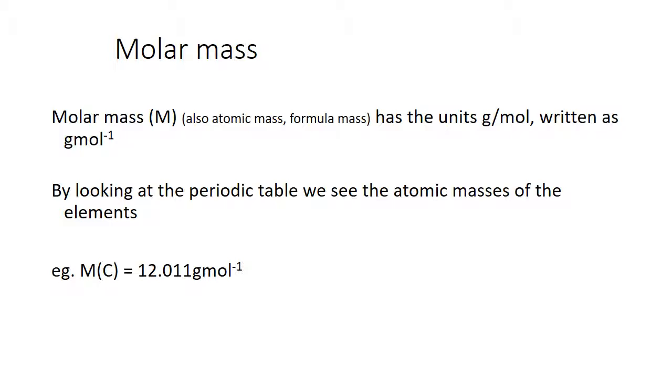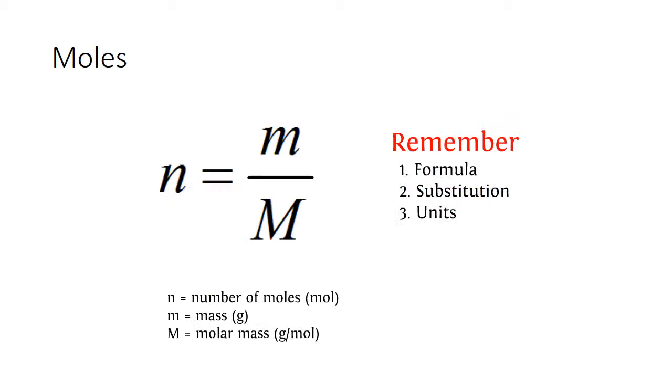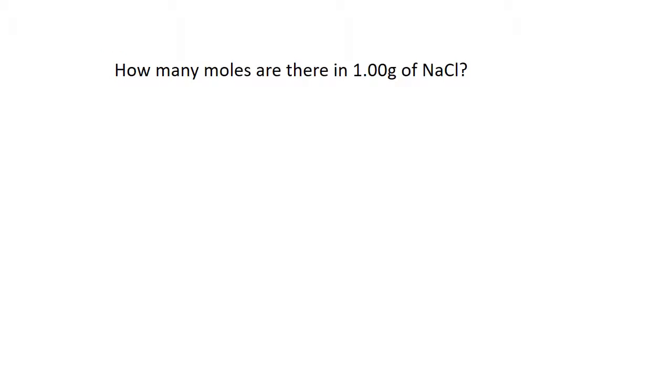For example, the molar mass of carbon is 12.011 g mol^-1. The number of moles, lowercase n, equals the mass, lowercase m, divided by the molar mass, capital M. So m divided by M gives n, the number of moles. Remember the formula, how to substitute using it, and also the units.